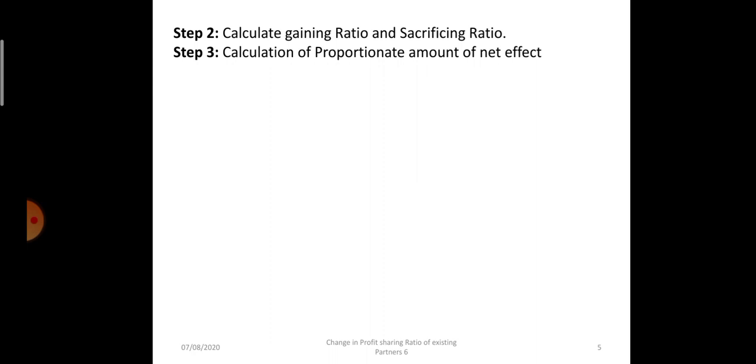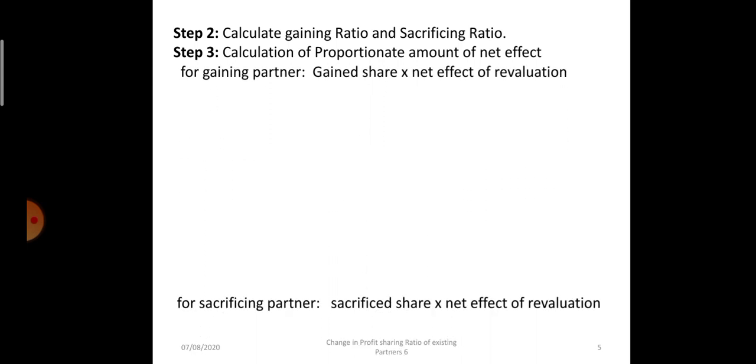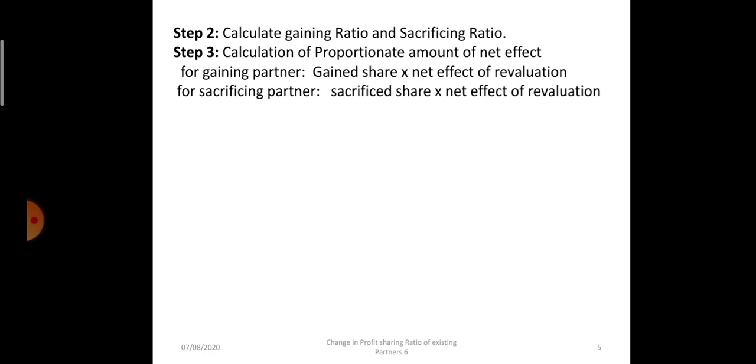Then we will calculate the proportionate amount of net effect, like whatever profit is there, it will be multiplied with the gain ratio and sacrifice ratio of the respective partners. The gaining partner's share will be calculated by multiplying his gained share with the net effect of revaluation. In the same manner, the sacrificing partner's share will be calculated by multiplying the sacrifice share with the net effect of revaluation. And last, we will pass the journal entry.